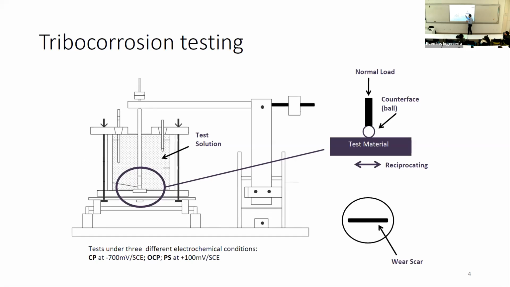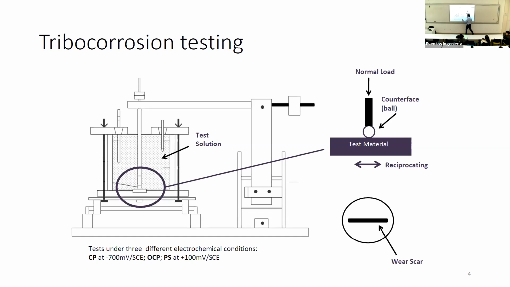So we can measure the pure wear. We can have tests which are carried out under open circuit potential without applying any potential. We just record. And we can carry out tests under some static anodic potential, a potential where we are favoring oxidation, and at the same time we can measure the current.